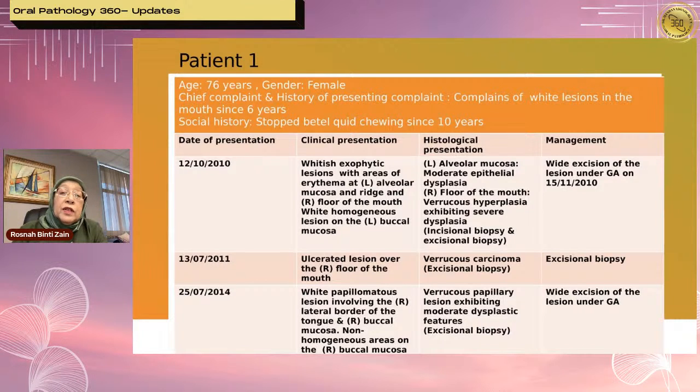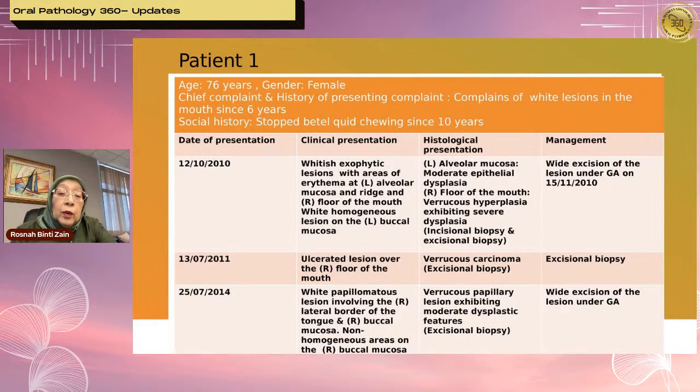The patient is 76 years old and female. The patient had a chief complaint of white lesions in the mouth for 6 years. So the patient never really came to seek treatment or diagnosis. The patient used to be a betel quid chewer but had never smoked.